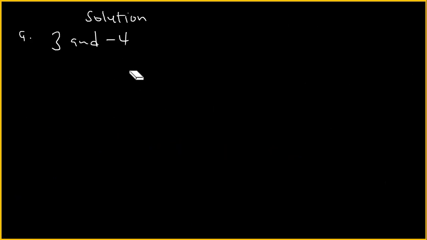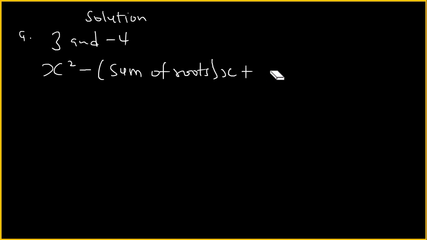Alright, so what we are going to do is write our quadratic equation as x squared minus the sum of roots x plus the product of roots is equal to 0. From these roots we are going to sum them up.